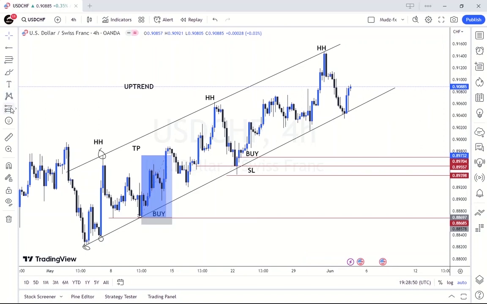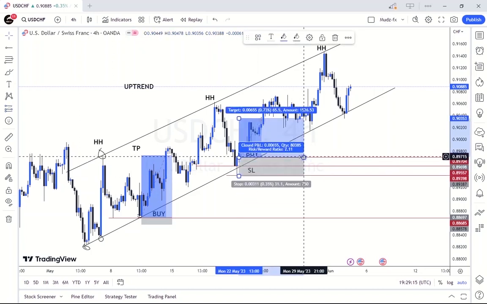So remember, when you are buying, you need to set your TP, and where do you find your take profit? On a higher high. So we're going to look for a higher high as we go up.